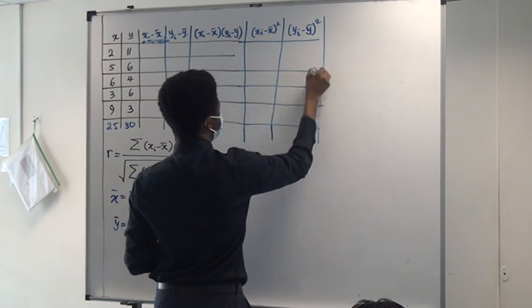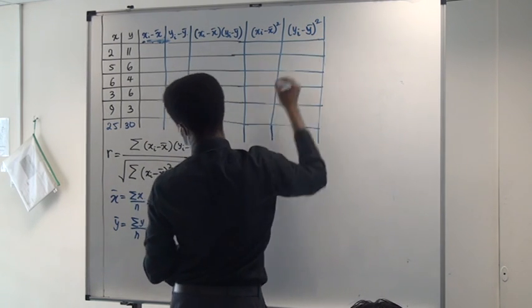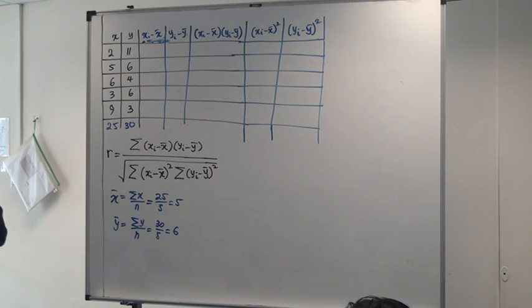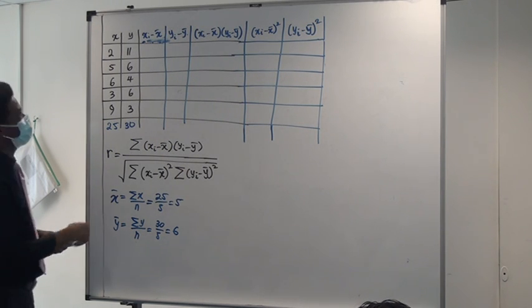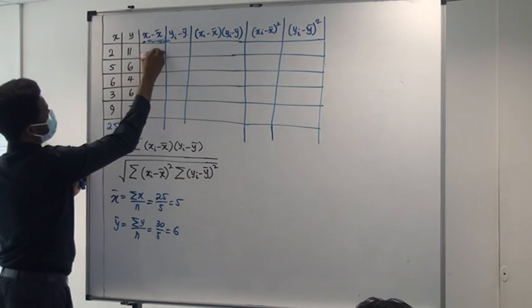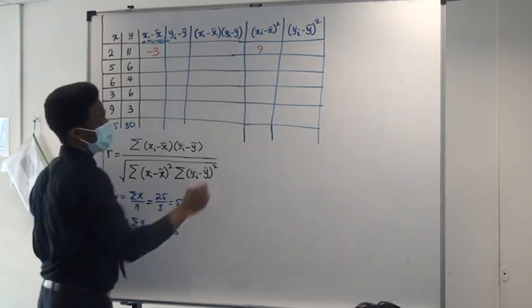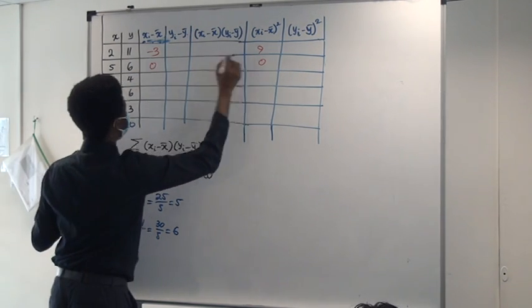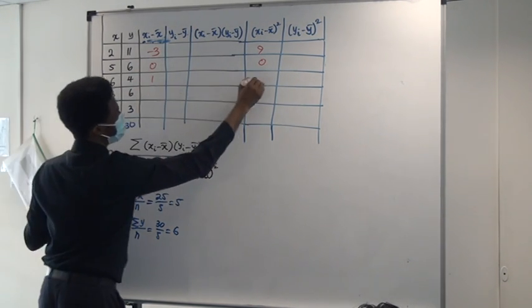So the formula in statistics determines how long your table will be. That's what I'm trying to tell you. Understand? And you don't just put anything you don't need in the table. So the first one, what is x minus x bar? Negative 3. Immediately we can do the square. 9. The second? 0. Third? 1.